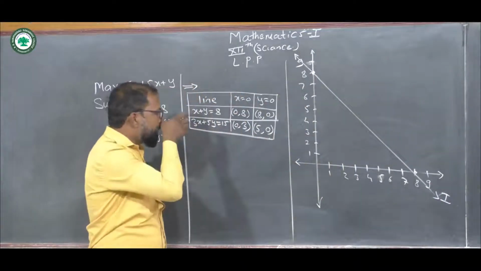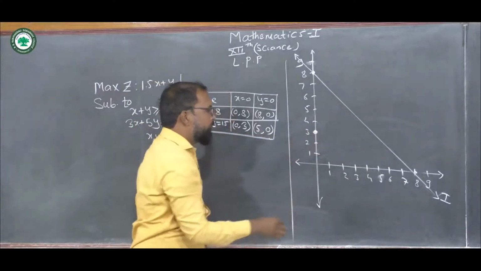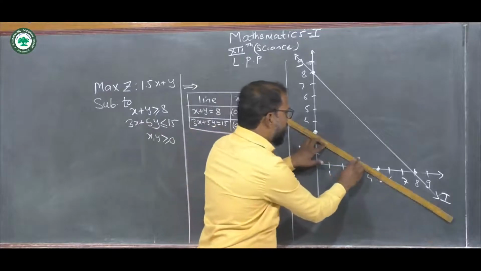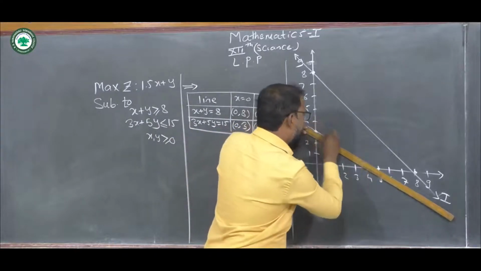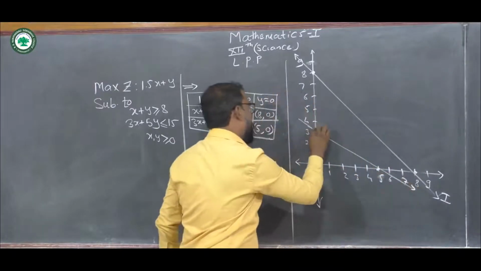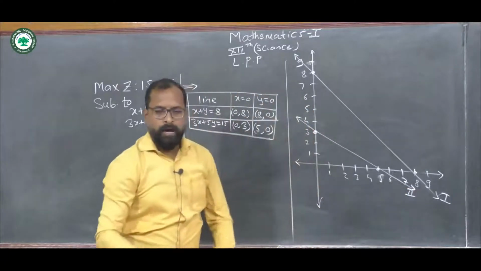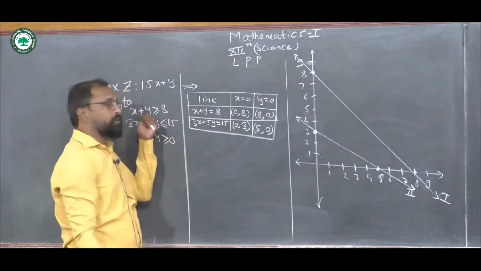Similarly, for the second line, the points are 0, 3 and 5, 0. So, again joining these 2 points, we get the second line.